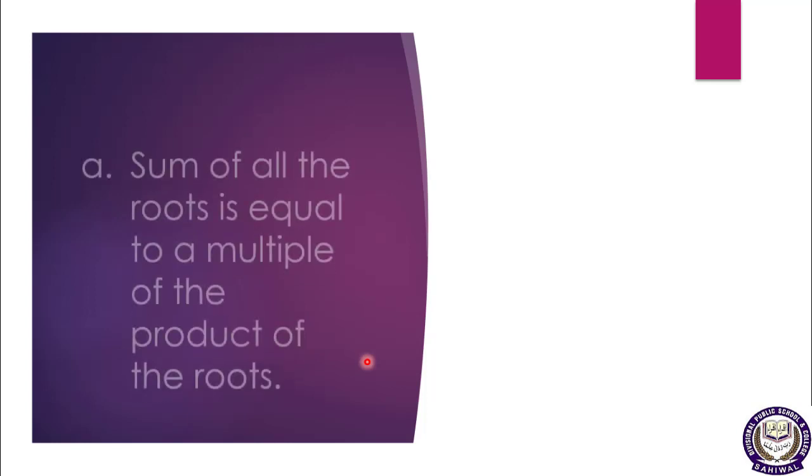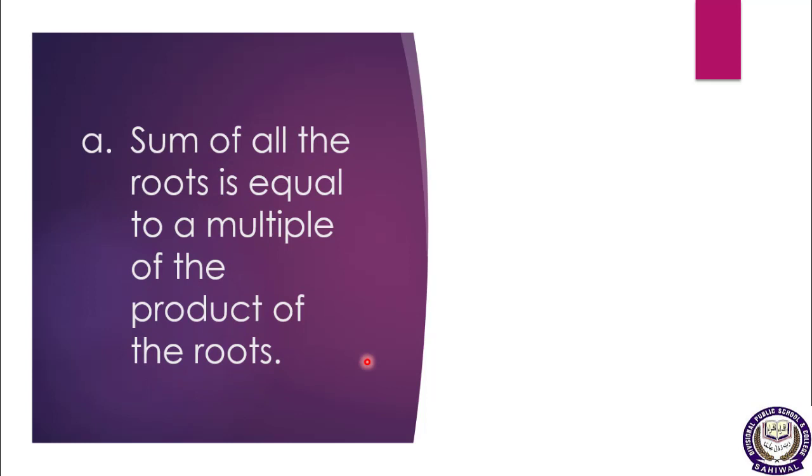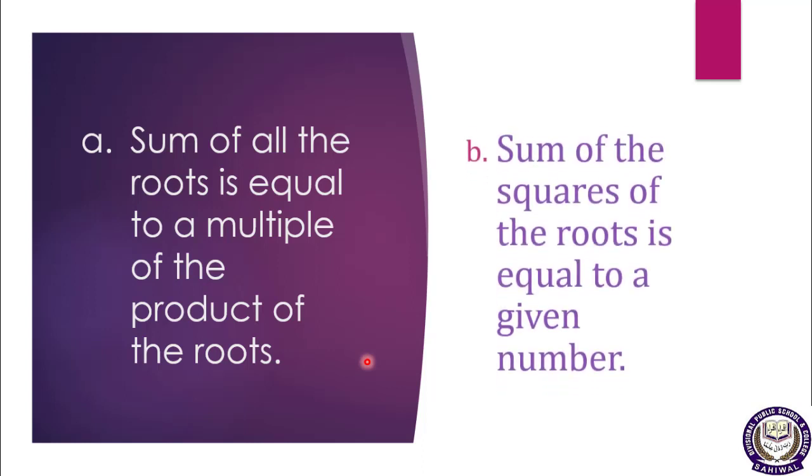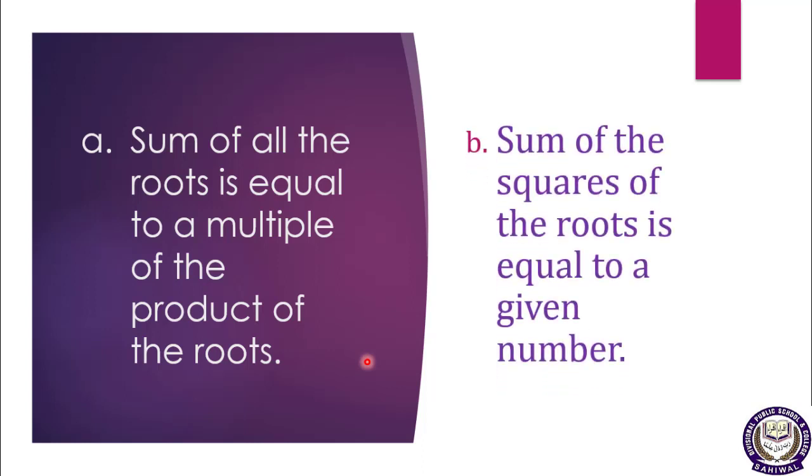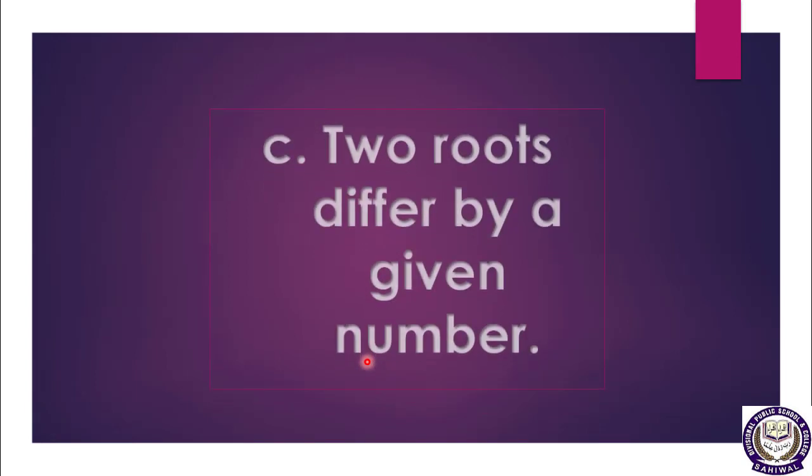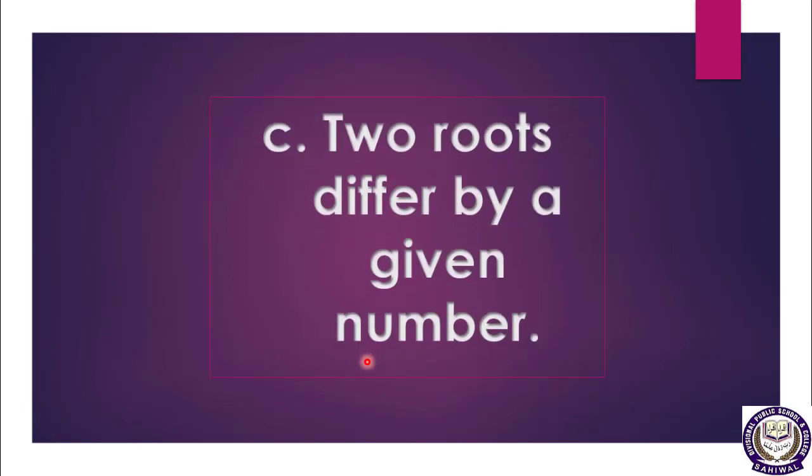The first one was if the sum of the roots is equal to a multiple of the product of the roots. The second case was the sum of the squares of the roots is equal to a given number. Today, we are going to discuss the third case, when two roots differ by a given number.